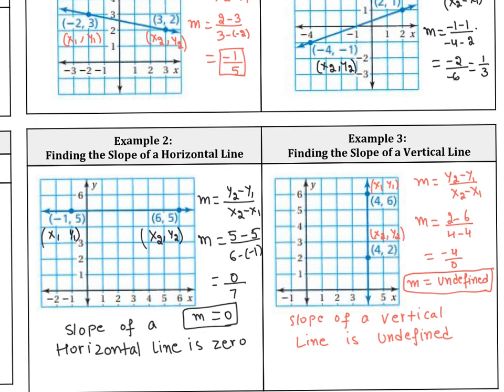On the bottom we're going to have x2 minus x1, so 4 minus 4. If the 0 is on the bottom, we call the slope undefined. So we can say that the slope of a vertical line is undefined. So just remember, slope of a horizontal line is always 0 and slope of a vertical line is always undefined.